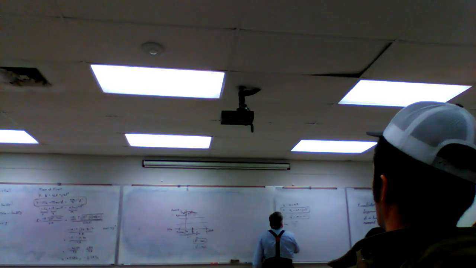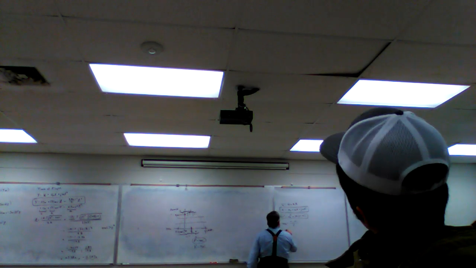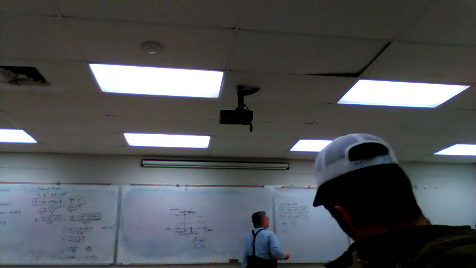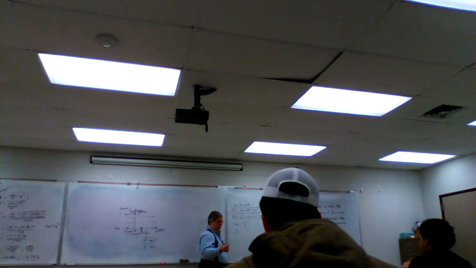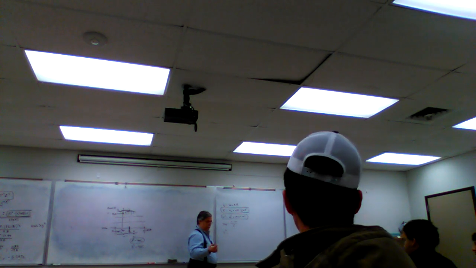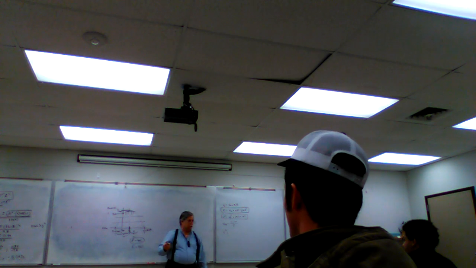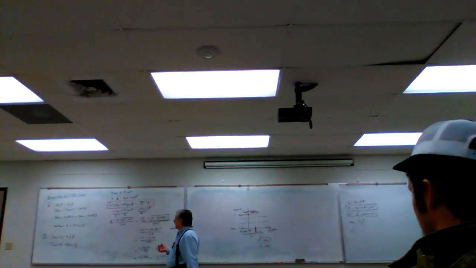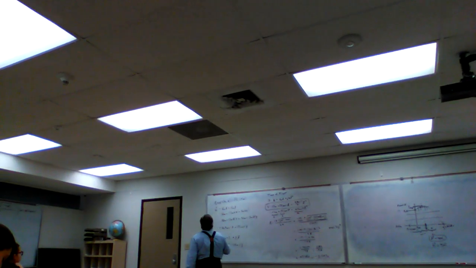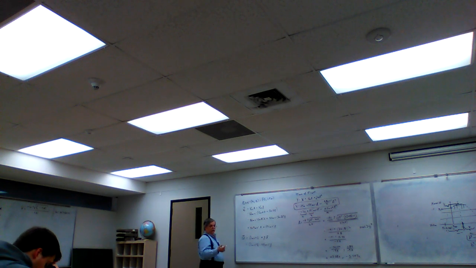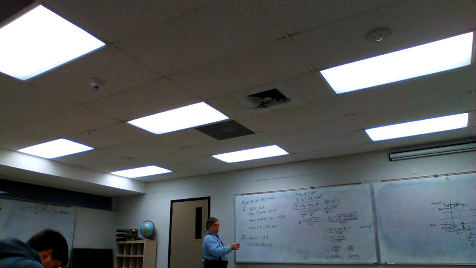We want to find v final, so we're going to look for v squared is equal to v naught, the initial velocity, which is, well, the initial velocity is 50 meters per second, but that's not all in the vertical.